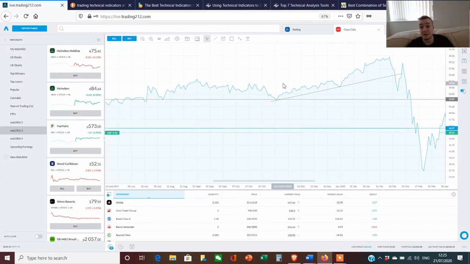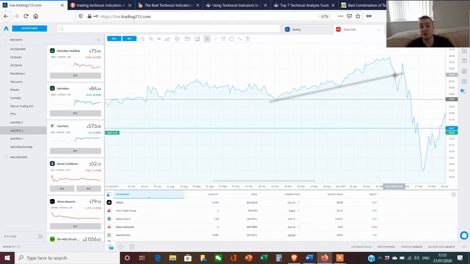And you could have said that if the price broke the support, then you could have seen that as a sell signal or a short signal, and you would have shorted at 56.64, maybe $56.64 if that's Coca-Cola.